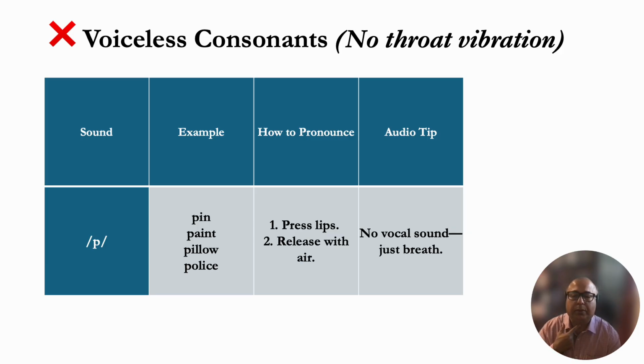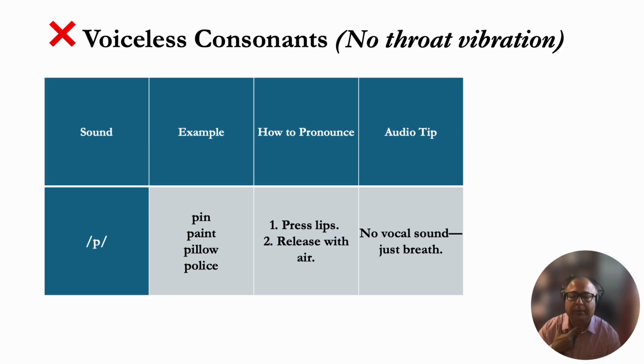So if you put your index finger on your vocal cords here and pronounce p, nothing happens. The throat doesn't vibrate. You could try this little exercise. You can say p, and then b. Do you notice what happens when you pronounce b?